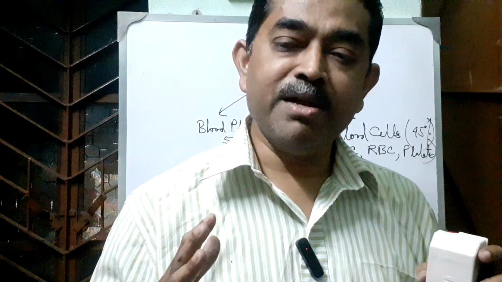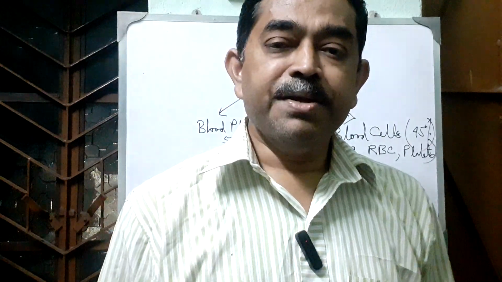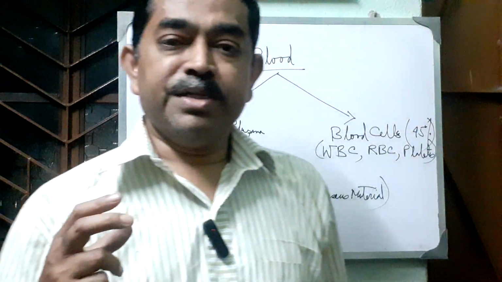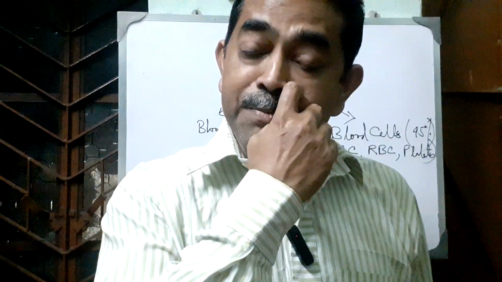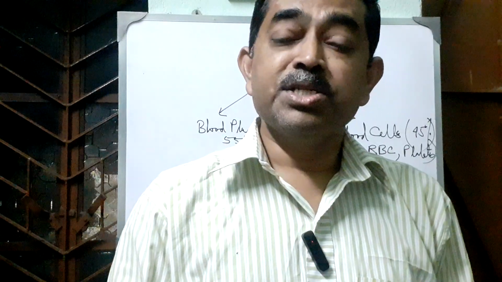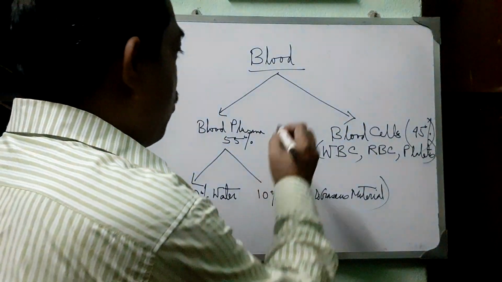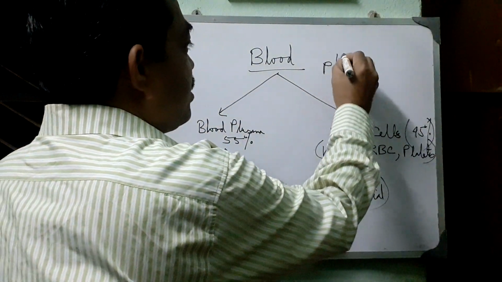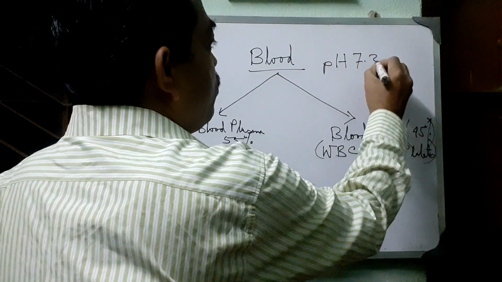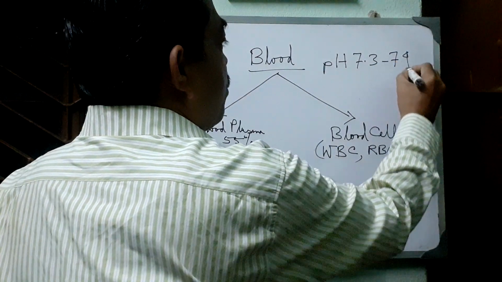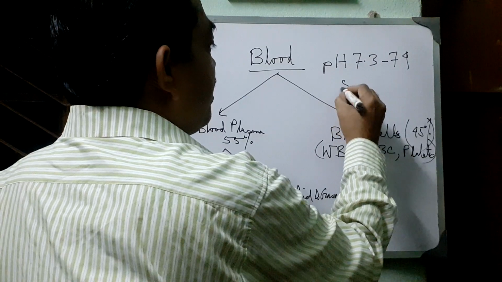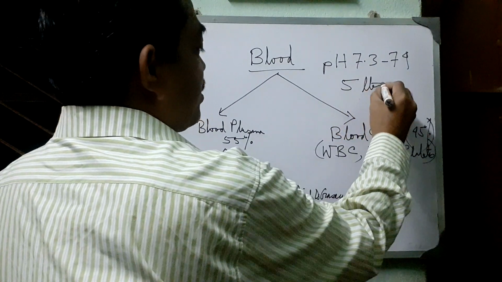We are carrying 5 liters of blood, and the pH of blood is generally 7.3 to 7.4.